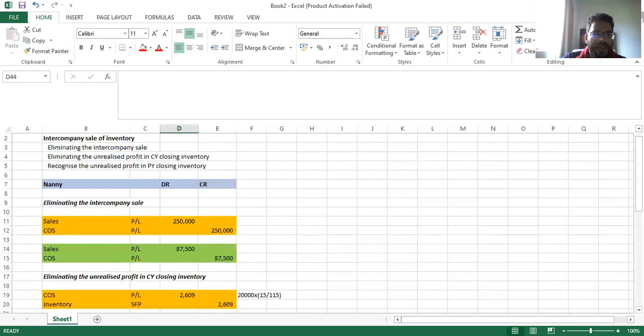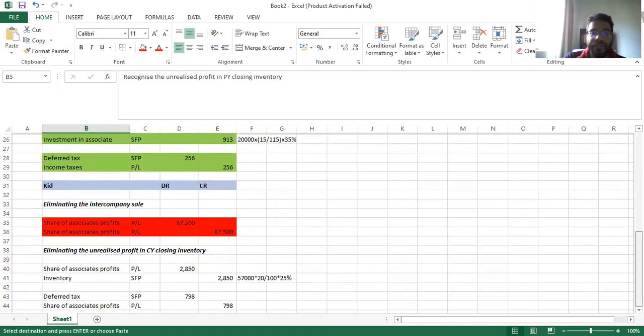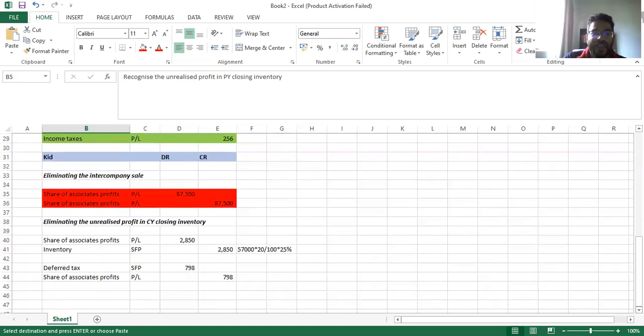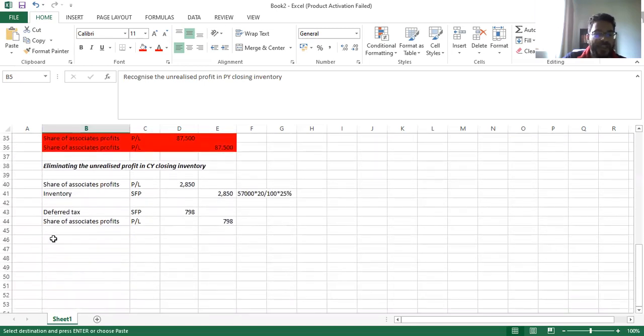Now we're going to deal with the third journal entry. The only reason why we're going to deal with the third journal entry is because there's unrealized profit relating to the prior year.